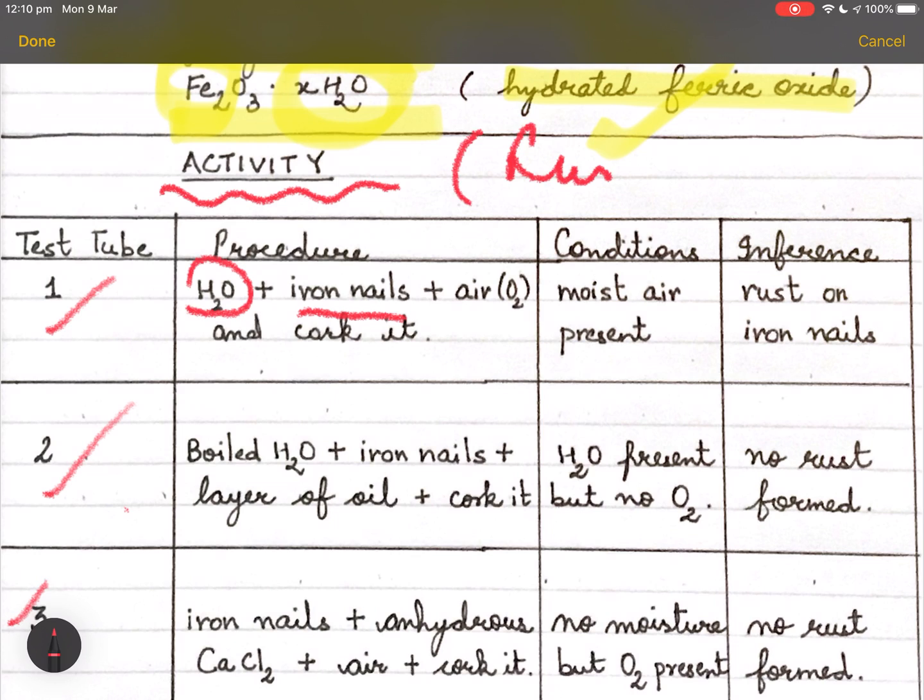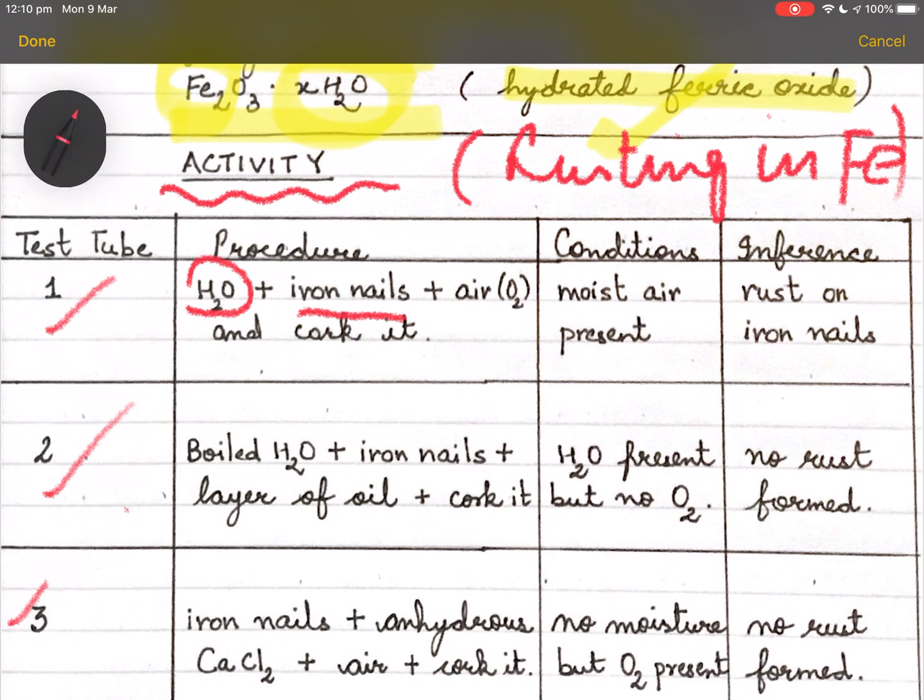We are talking about rusting in iron, Fe, so we are going to take iron nails, and we have air. We have taken both this water and nails in a test tube, and of course, air is going to be trapped in it. Later on, we're going to cork it.